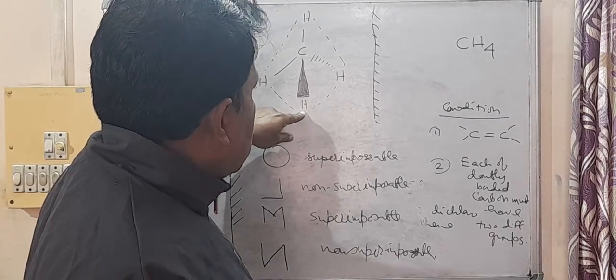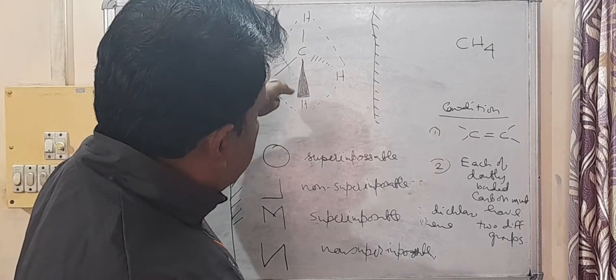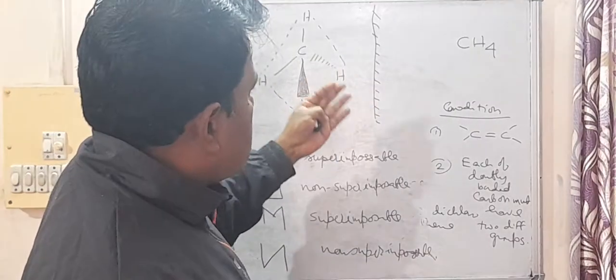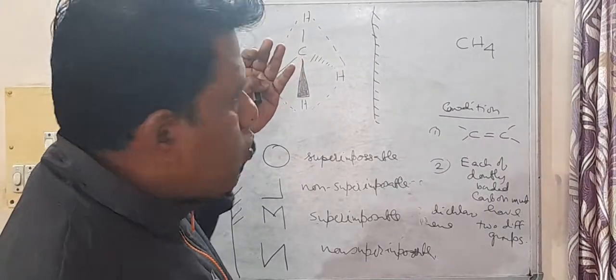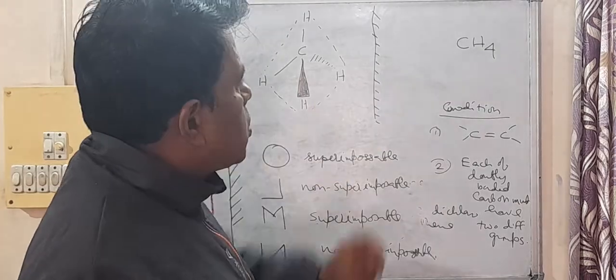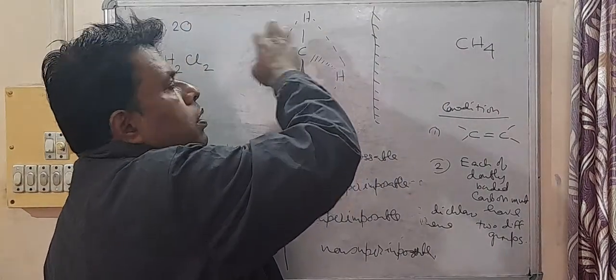This H atom is below the plane of the board, and this H atom is towards us, in front of the plane of the board. And its mirror image will be such that it will superimpose.